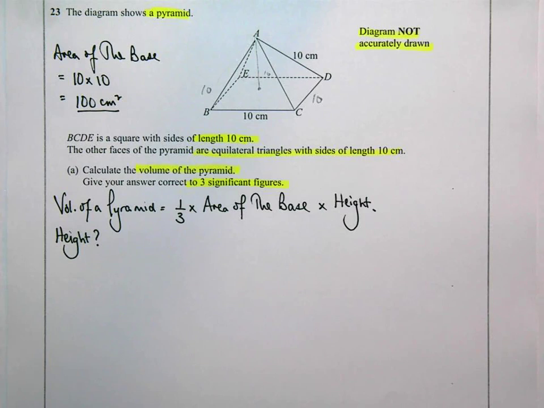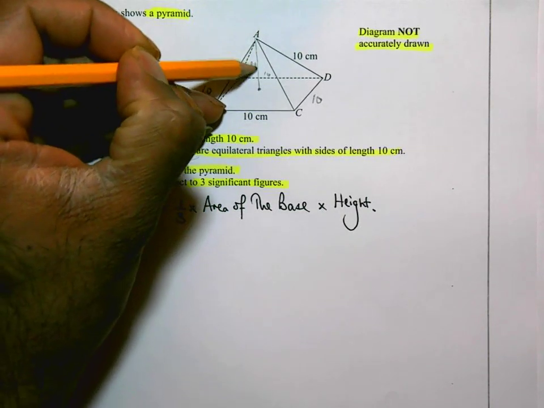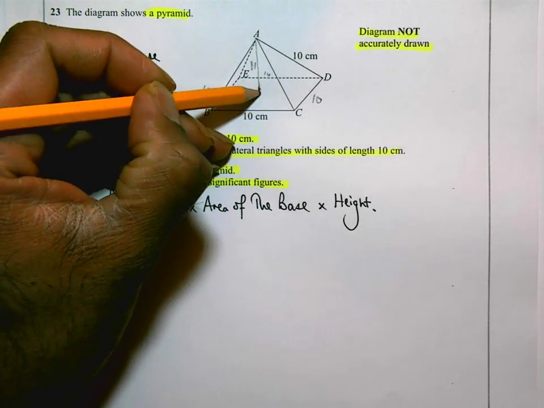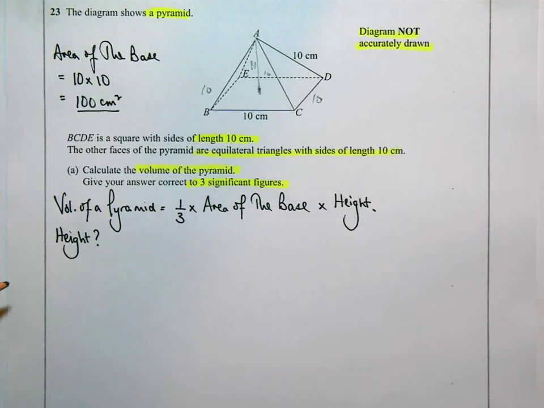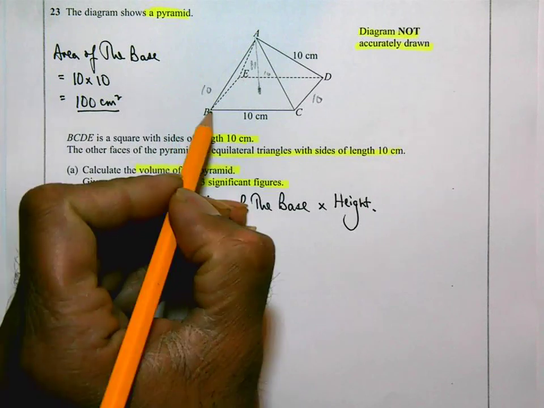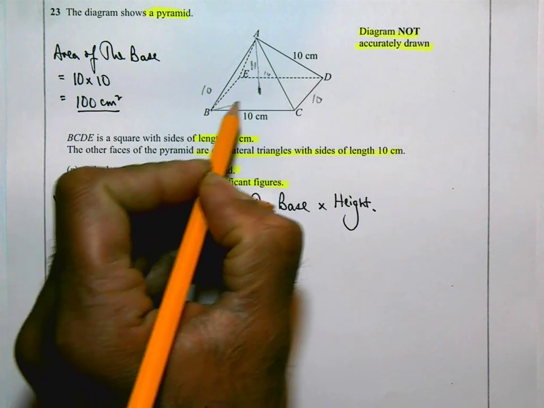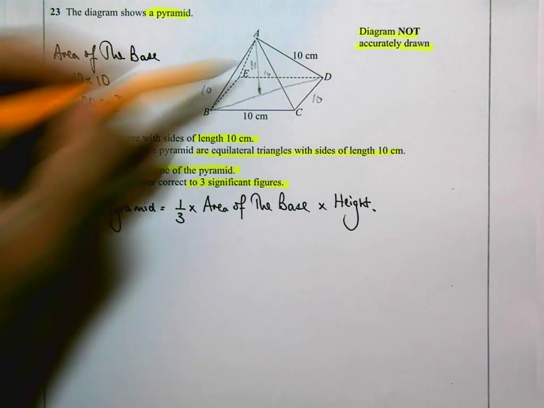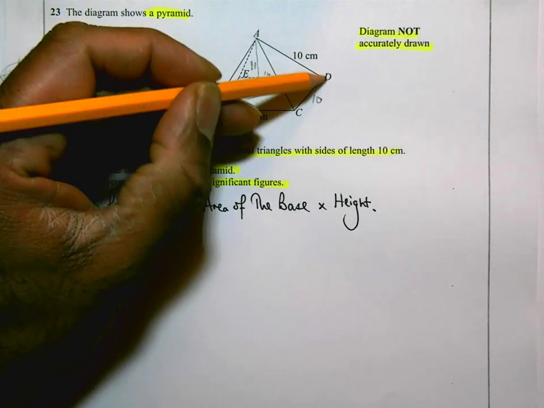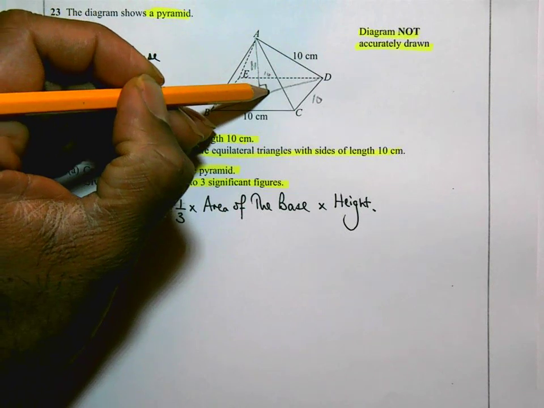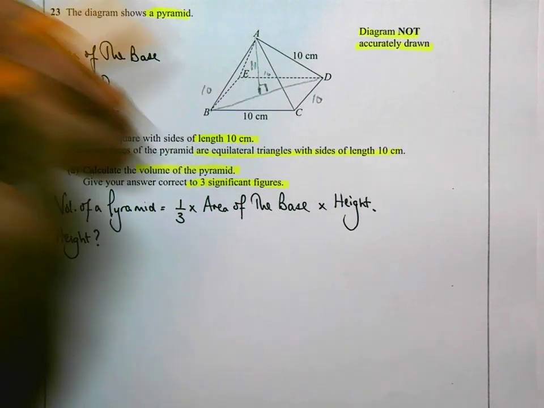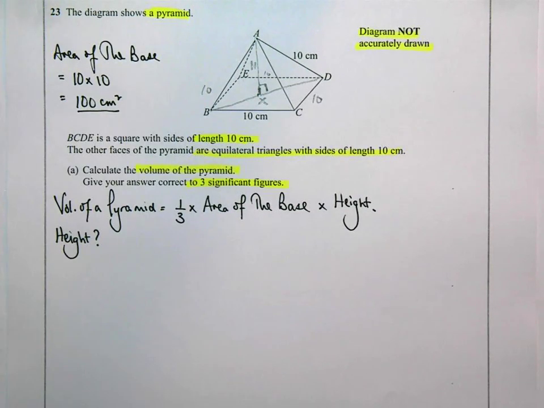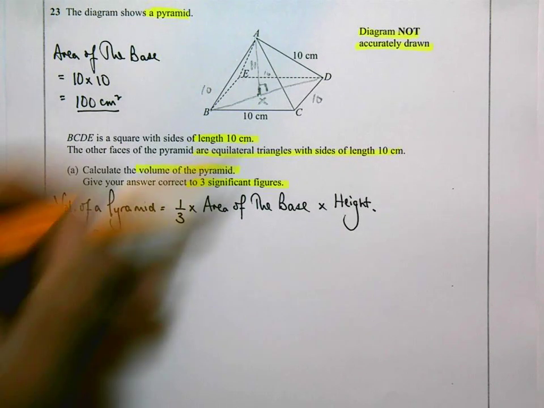That is the height of the pyramid, and we're going to use some 3D Pythagoras to help us work this out, because if I join B and D across like so, I could see that I'm forming a right angle triangle in there. Now I'm going to call this point here, I'm going to just make it up and call it X, and I'm going to draw that triangle AXD.